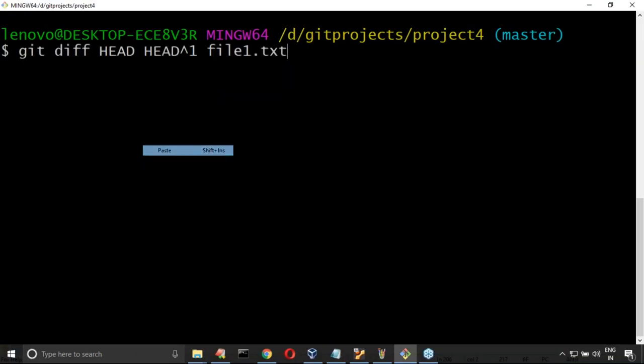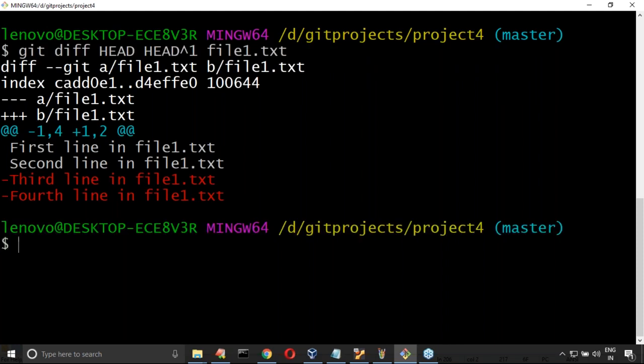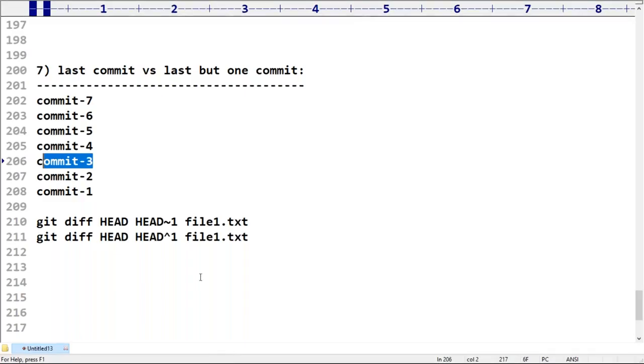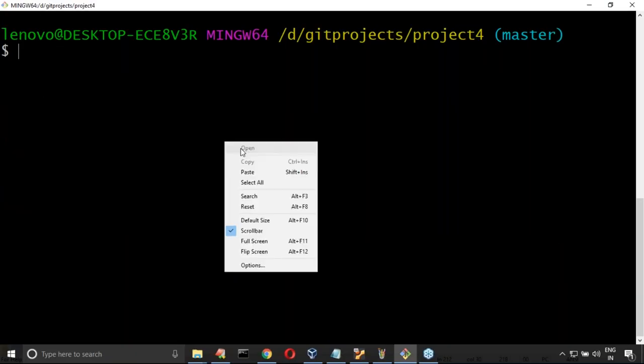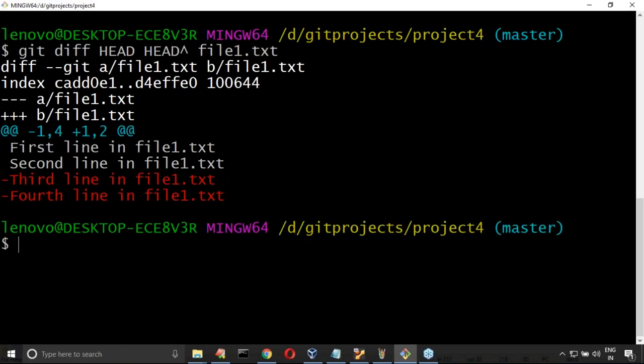Instead of the tilde symbol, am I getting the same output or not? Yes, I use the caret symbol here, and it is also allowed. Next, even if we do not use a number, just a single caret, it by default considers 1. If you are not specifying 1, by default it is 1. Now also we get the same output by default.